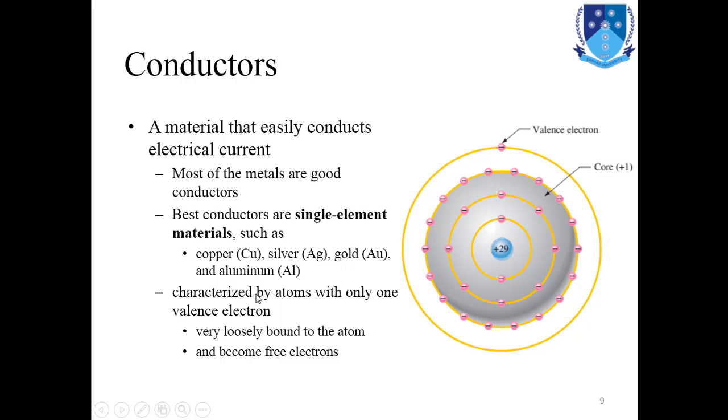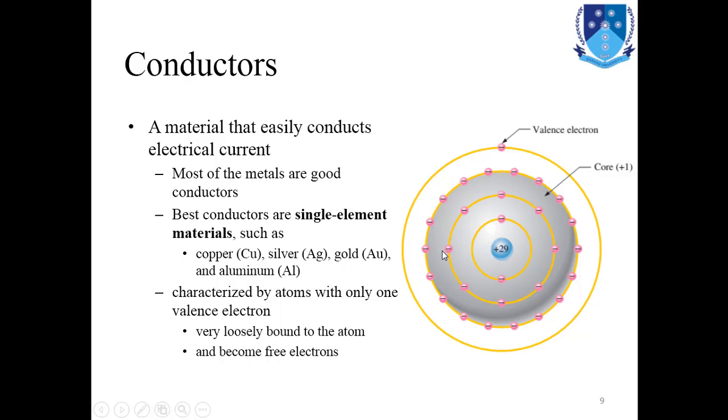Conductors are normally characterized by atoms with only one valence electron in their valence shell. You can see here an example of copper with atomic number 29. The distribution of electrons will be such that in the first shell there are 2 electrons, in the second shell there are 8 electrons, while in the third shell there are 18 electrons.